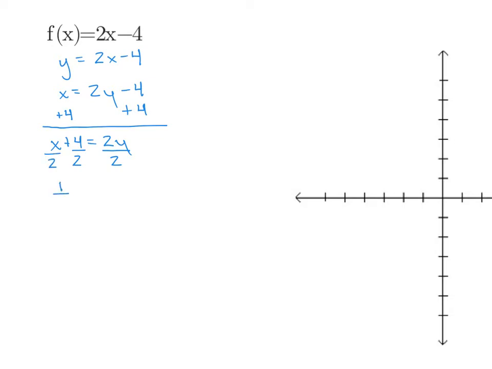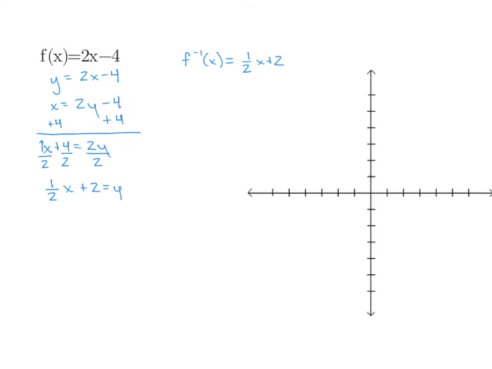So the first one, I'm going to rewrite it as 1/2 x so that we can see what our slope is, plus 2 equals y. So that is my last step, I want to replace y with f inverse. So we get f inverse of x equals 1/2 x plus 2.